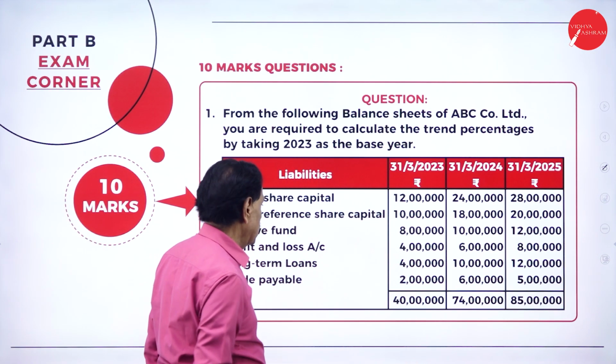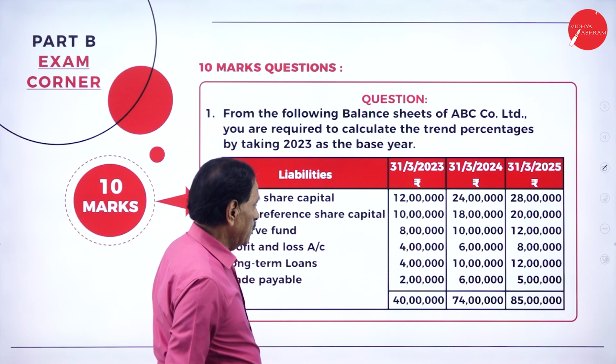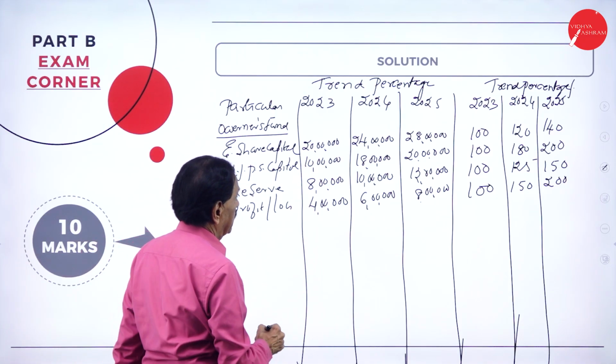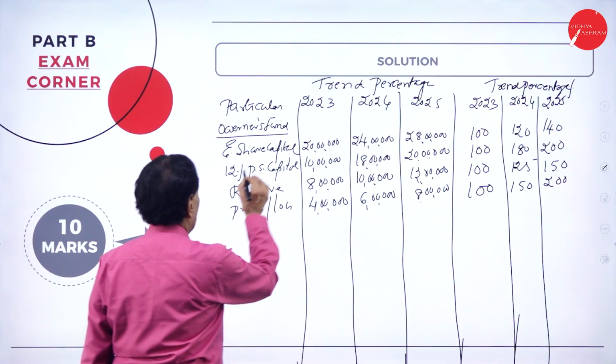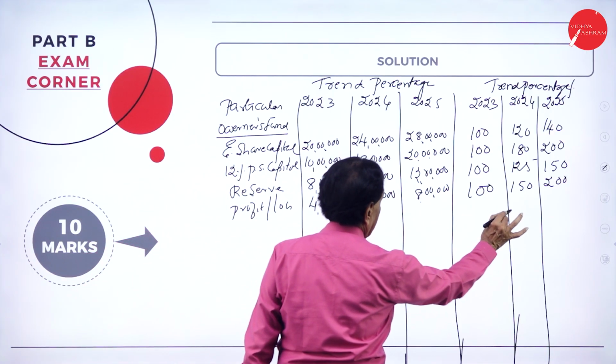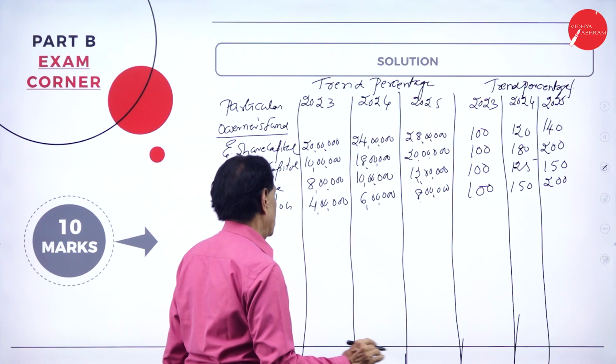This is the P&L account. If you add 20, 28, 32, this goes to the owners' fund up to here. Add this, correct.